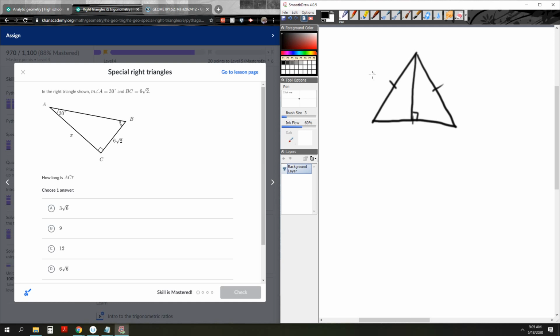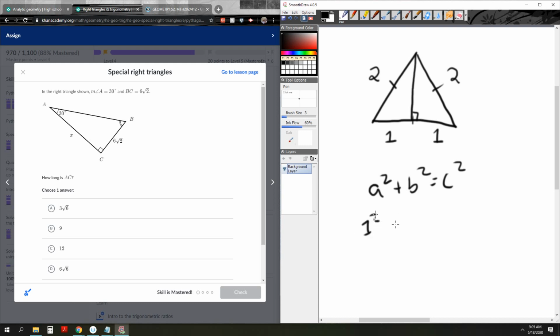So if this was, let's say, 2 and 2, then these on the bottom would have to be 1 because we cut the bottom exactly in half. But we can figure out this other side without too much difficulty. It's a right triangle, so we know a squared plus b squared equals c squared. We know 1, we don't know this side.